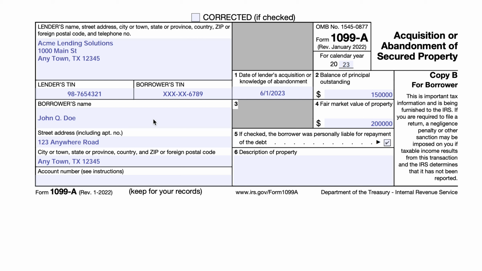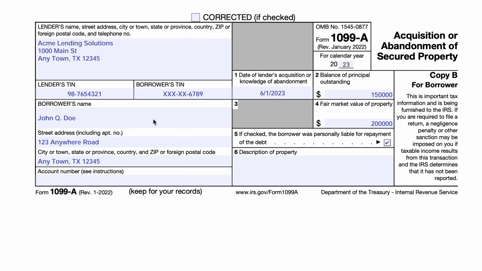This is copy B. Copy A of any 1099 always goes to the Internal Revenue Service. Copy B, in this case, goes to the borrower, and then there's a copy C, which Acme Lending Solutions will retain for their records.